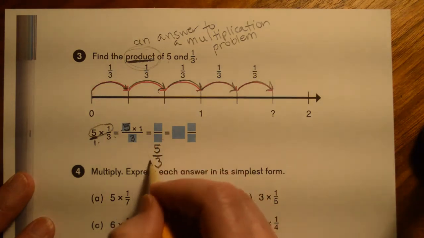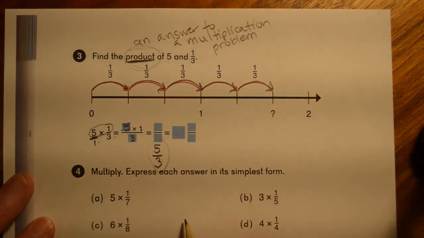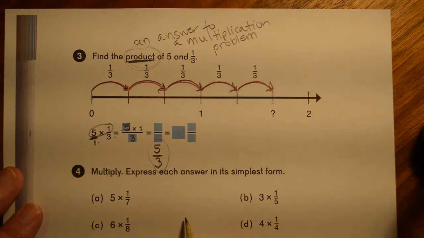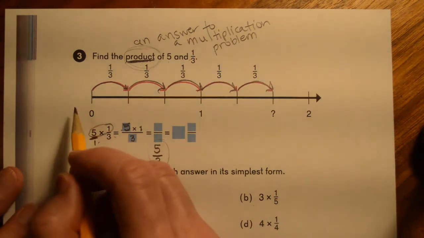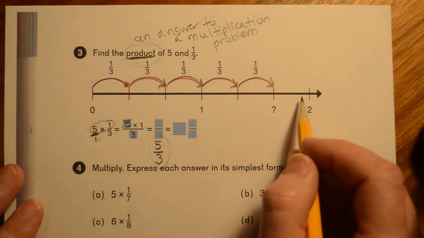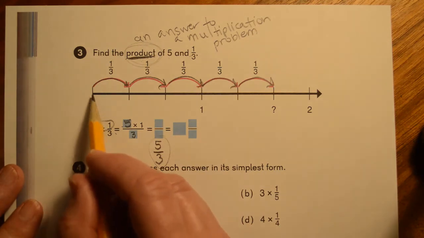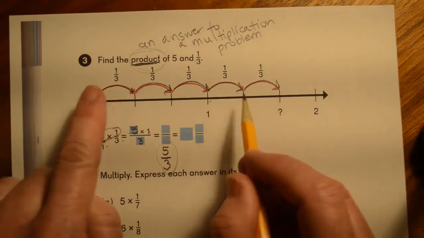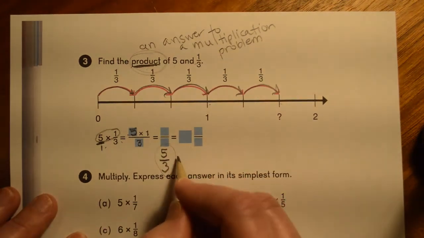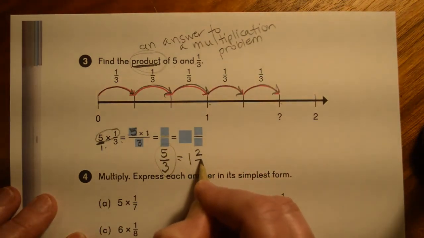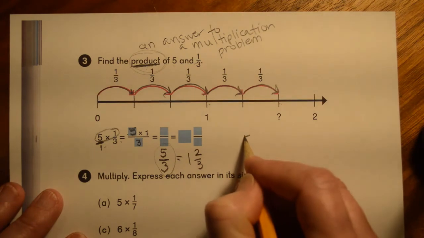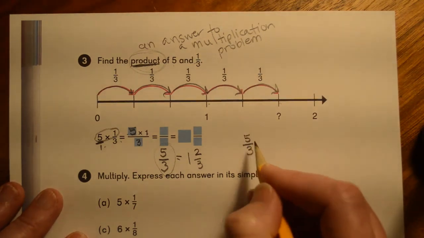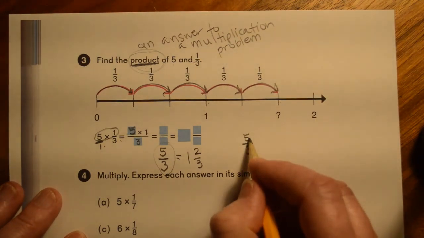All right, again, improper fraction right here. So we need to change that to a mixed number. Now we can easily look up here and see what that is, that when we go 5/3, 3 of the thirds make 1, and then we have 2/3 left. So we could say it's 1 2/3. Or we could say, well, with 5/3, I want to find out how many groups of 3 I can get out of 5.